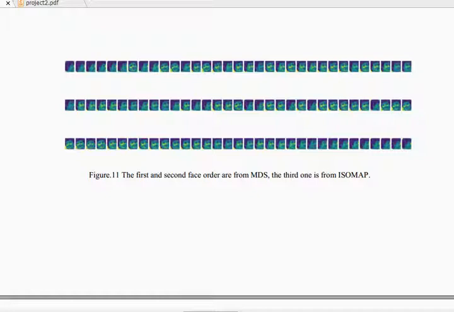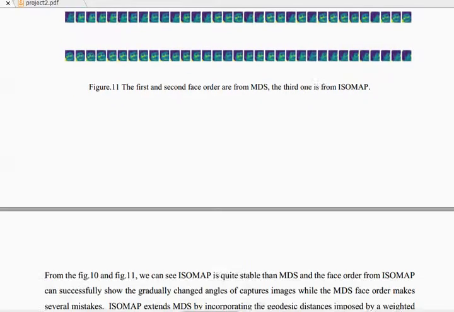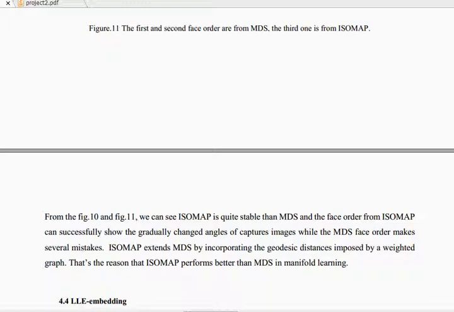By using the ISO map, we can get the correct face order. Why? What's the reason? Because ISO map uses the geodesic distance to measure the distances between the points, so ISO map can get correct results.